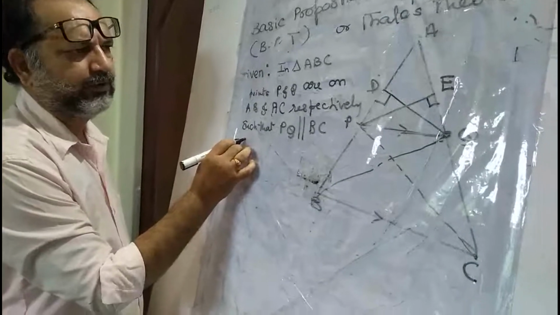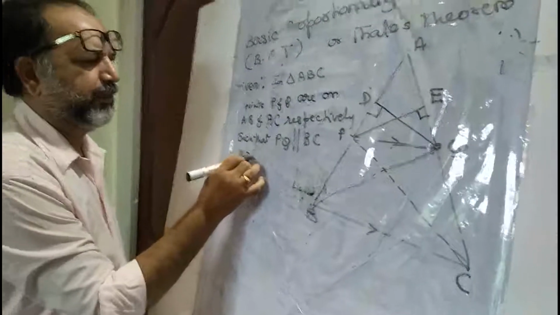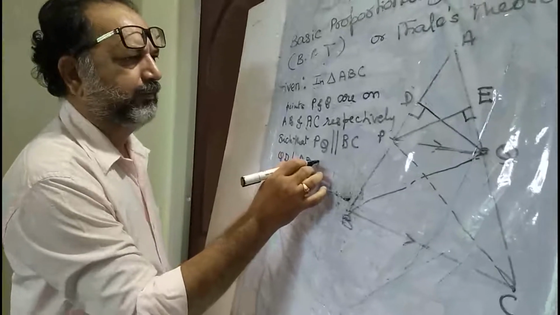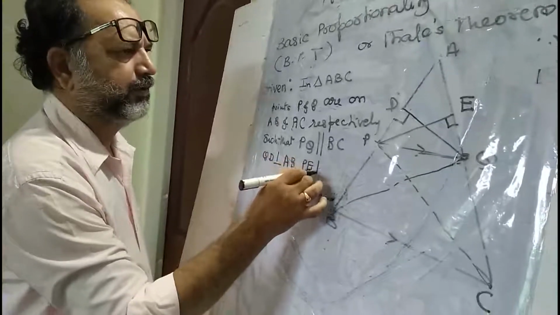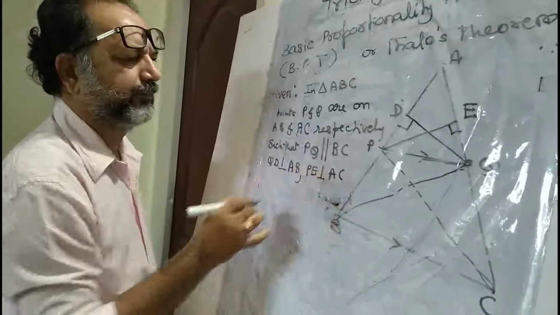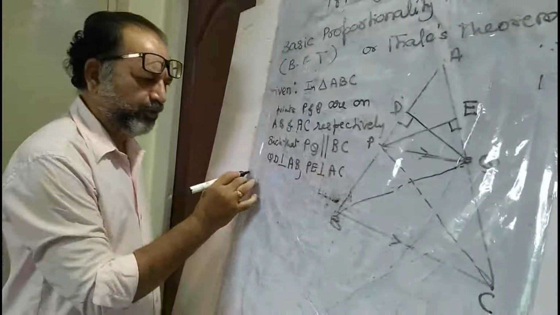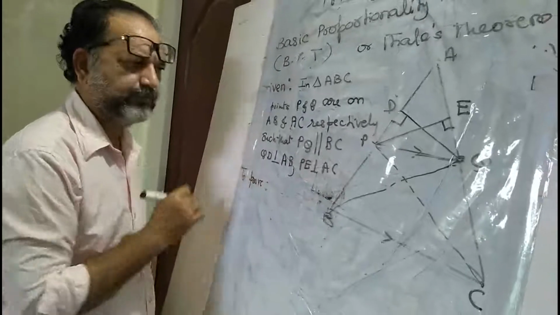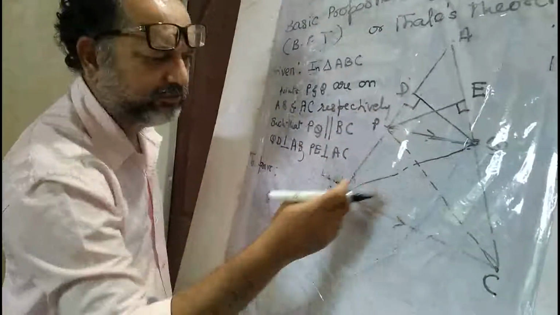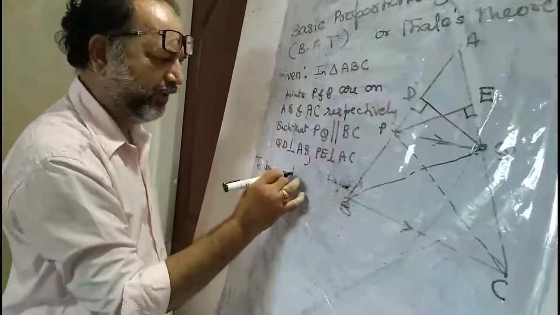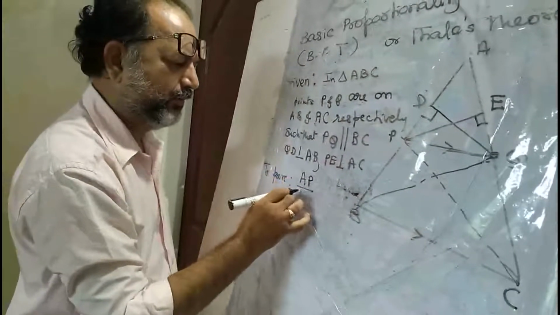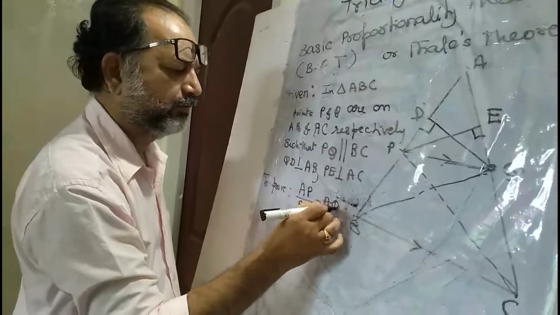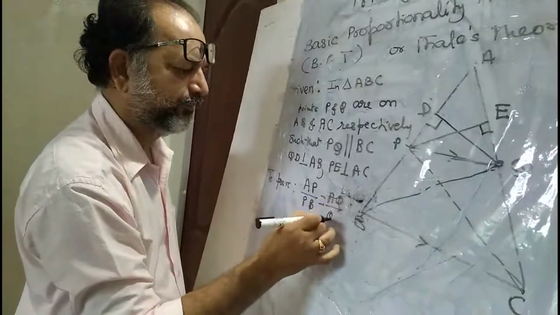You are given here QD is perpendicular to AB and PE is perpendicular to AC. And what you have to prove is, as per the BPT, if this is parallel to this, then we have to prove AP upon PB is equal to AQ upon QC.